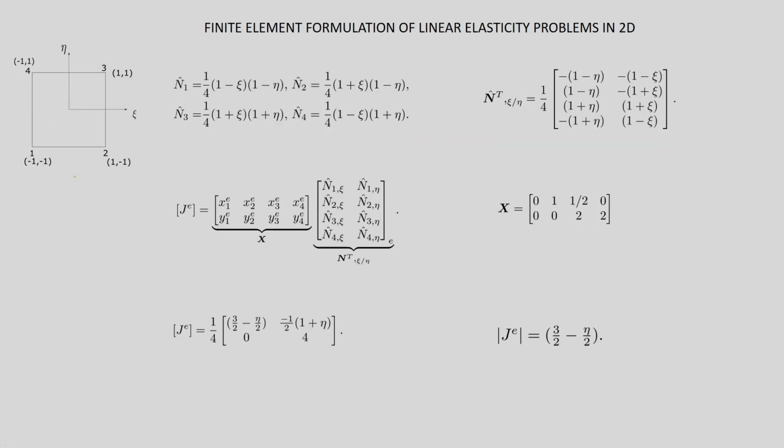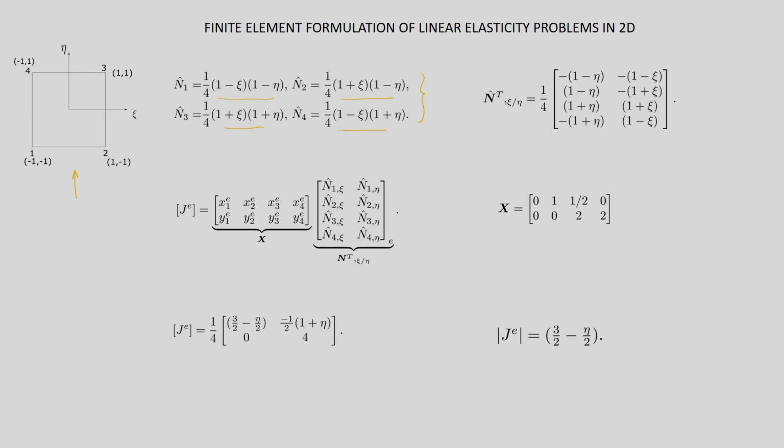Here I have shown the master element, with degree p equal to 1, we have 4 nodes. These are the definitions of these Ni hats, which we have already explained. Each of the shape functions is 1 at one node and 0 at all other nodes. That is how we constructed these 4 shape functions in the master element.